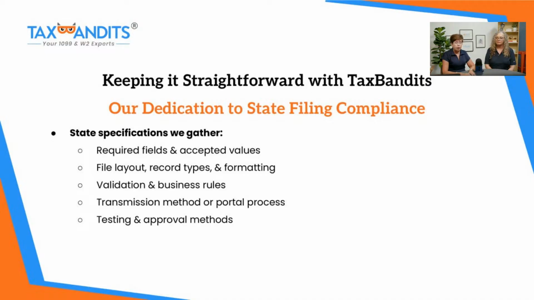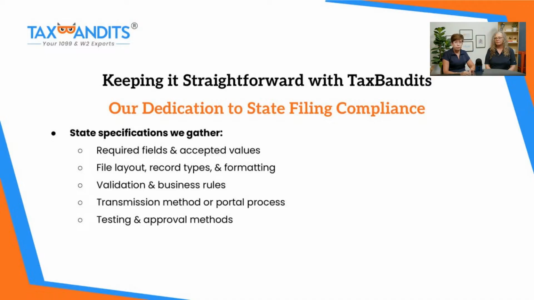That's why if you've looked in your TaxBandits account recently, you may see maybe 5 state filings offered one month, and then the next month there are 10. We have to go through them individually and look at all the required fields and accepted values. We need to know the file layout and formatting that particular state is going to accept and how they want that information validated.